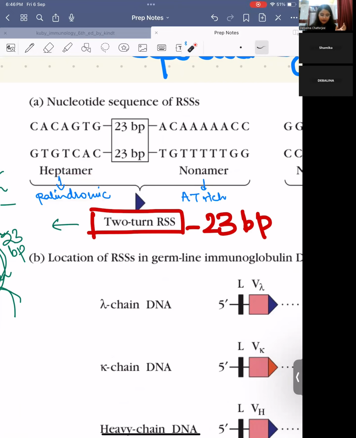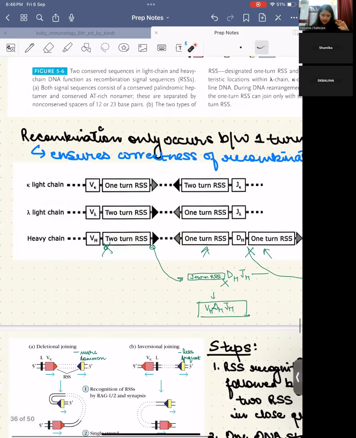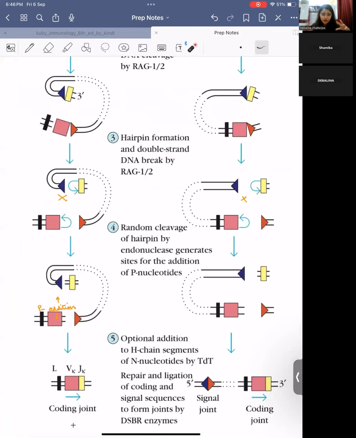What is a palindrome? If you read it from this frame or from this frame, it reads the same. So the beauty of the heptamer sequence is that it's a palindromic sequence, and this nonamer sequence is an AT-rich sequence. So these things are actually recognized by the endonucleases that are going to cleave these hairpins, right?